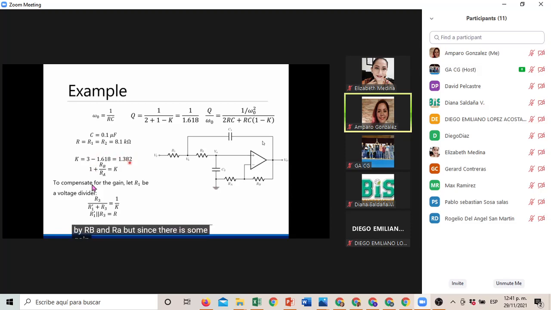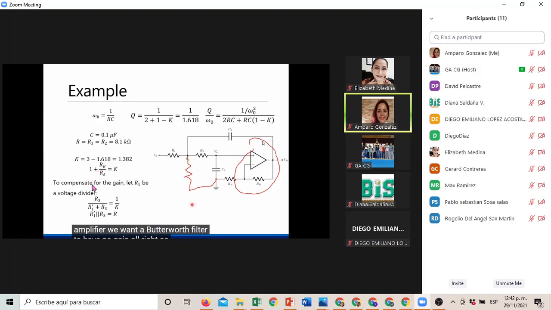But since there is some gain K greater than 1, we need to compensate for the gain using a voltage divider by connecting a resistor from here towards the ground. So let me draw that. By connecting a resistor here towards the ground, we're actually compensating for the gain that is introduced by this operational amplifier. We want a Butterworth filter to have no gain.